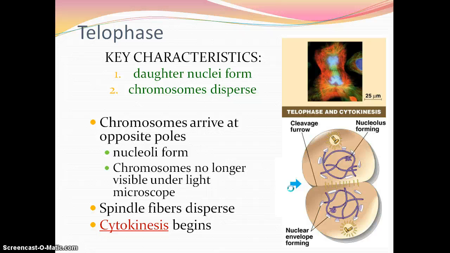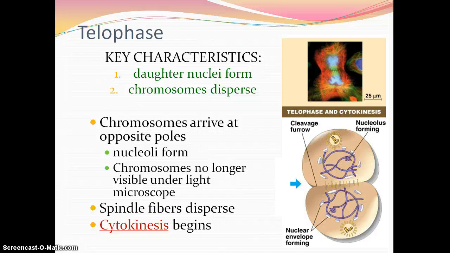We no longer have the chromosomes visible under a light microscope, which means that that real intense condensing that has occurred is now loosening up again. So the chromosomes are loosening up. We also have the disappearance of the spindle fibers. They're being dismantled. And then we have the beginning of what we call cytokinesis.